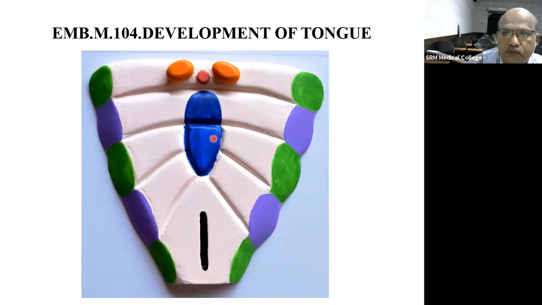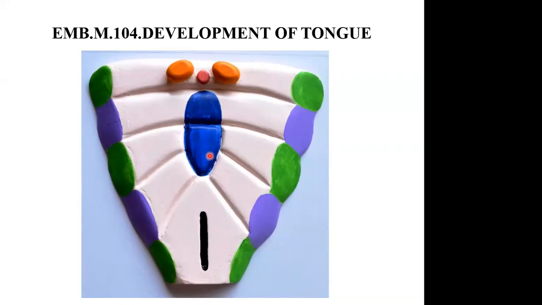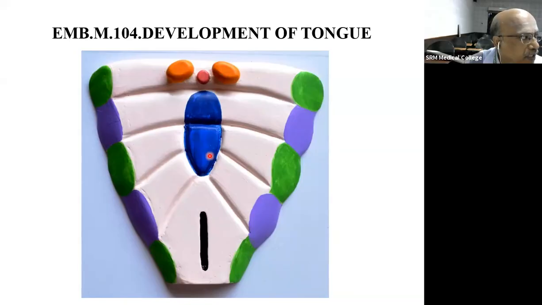Now, what happens to caudal part of hypobranchial eminence? That forms our epiglottis. Epiglottis is derived from the caudal part of hypobranchial eminence.